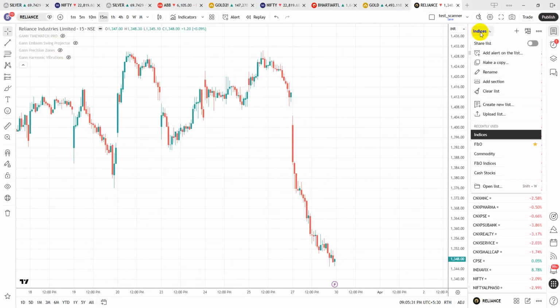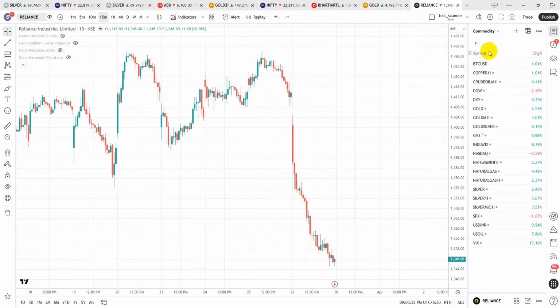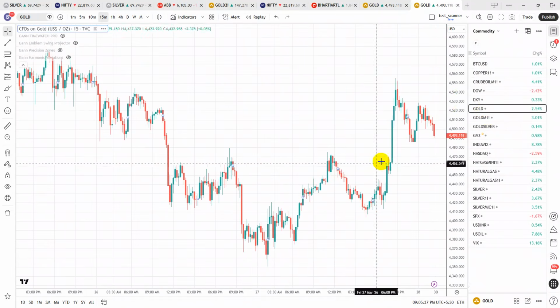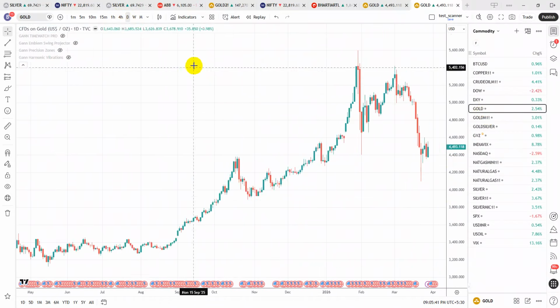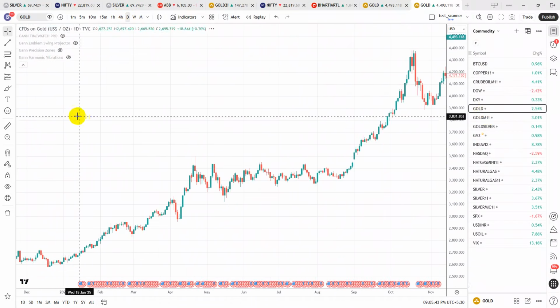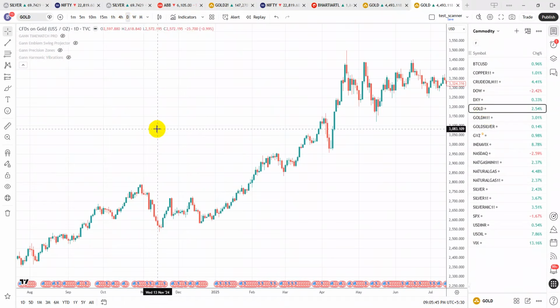Let's take another example. Let's go to an FNO stock, or let's take gold first as an example. Go to the daily chart, where gold has made a significant bottom before this big rally. It made it here on 14 November 24.